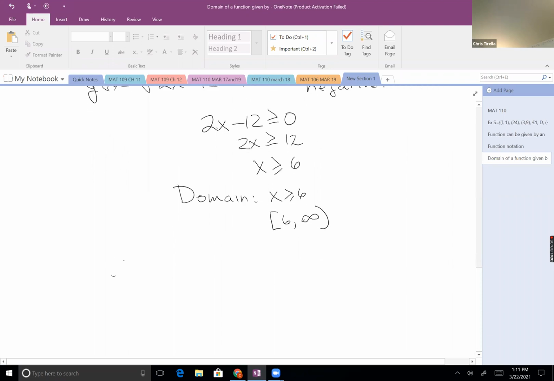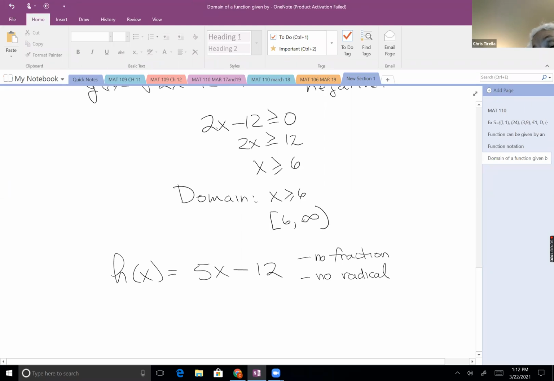One last example, if I have h of x equals 5x minus 12, does everybody notice that this one has no fraction? So I don't have to worry about a 0 in the denominator. And this one has no radical.